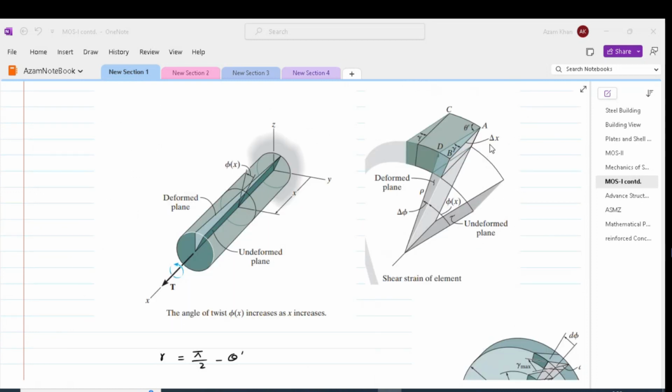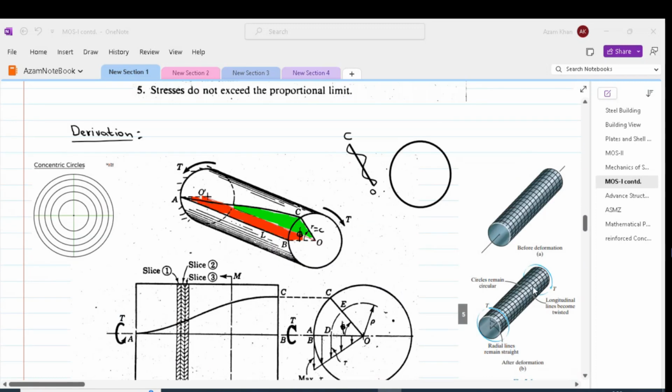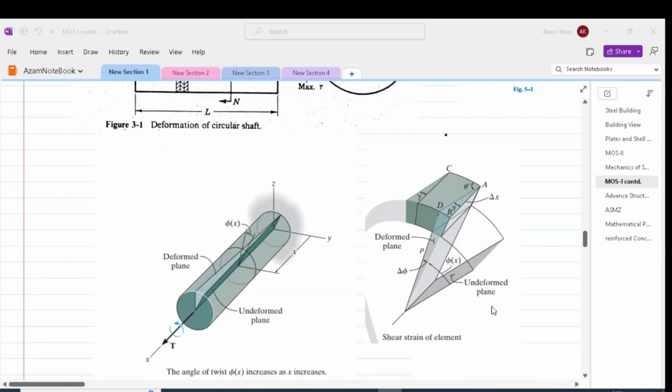We can see that due to the deformation, the back end and the front end of the element will undergo a rotation. The back face will have a rotation phi of x and the front end will undergo rotation phi of x plus delta phi. So the difference between the rotations is delta phi.